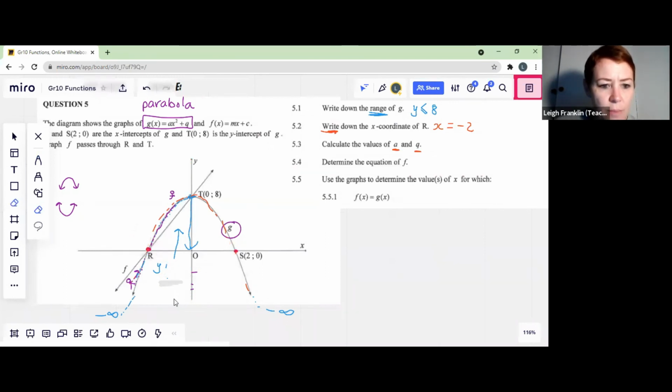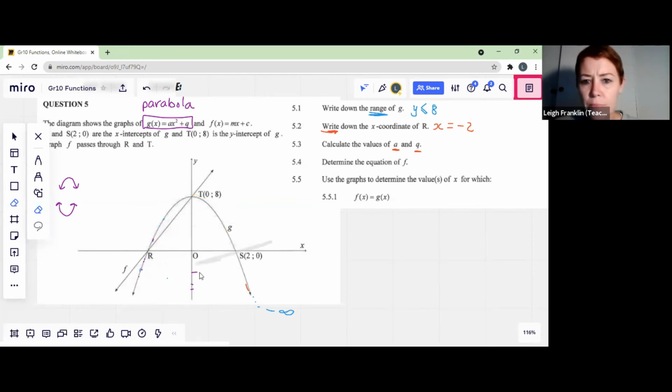Anybody else get the same answer? So Marisa, you said Q is 8, A is -2. Nalwazi, you said exactly the same thing. Okay, so let's go back and have a look at this.